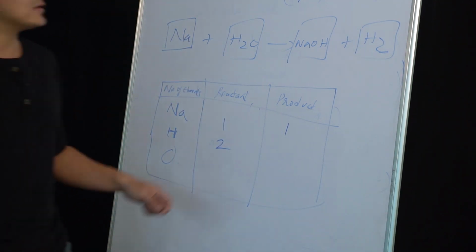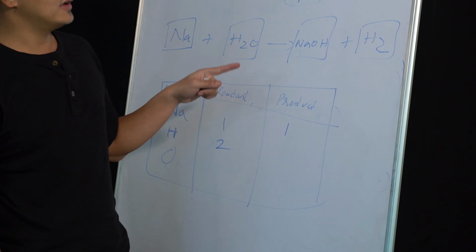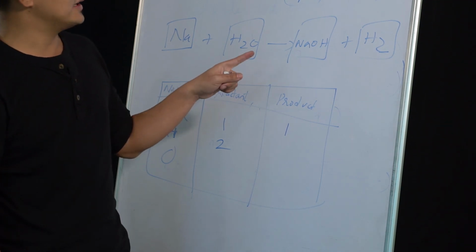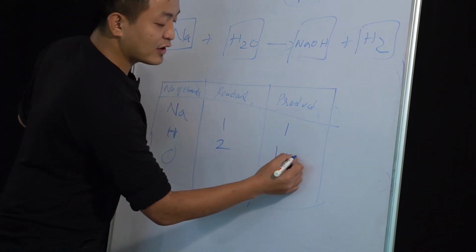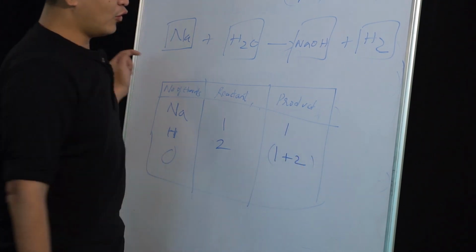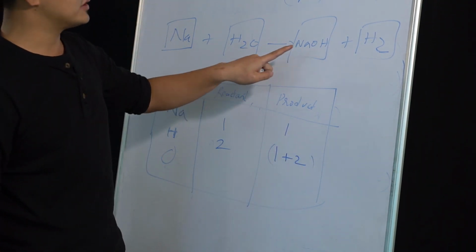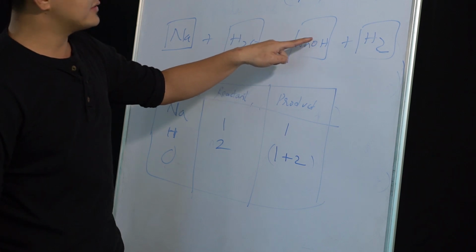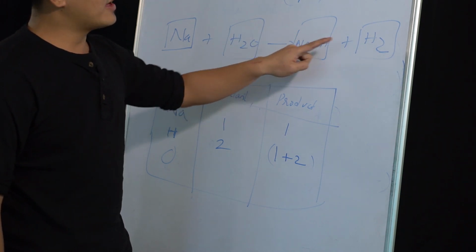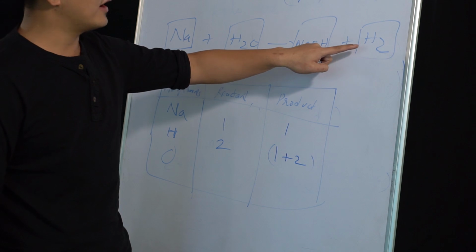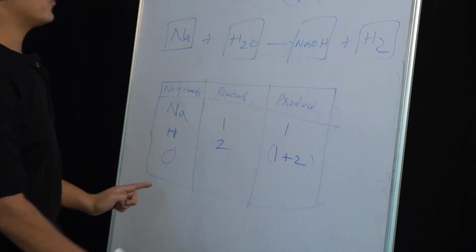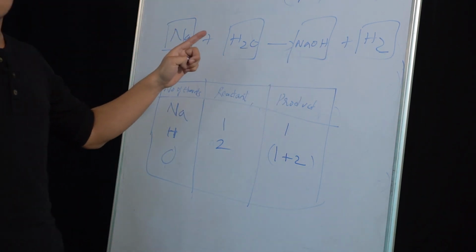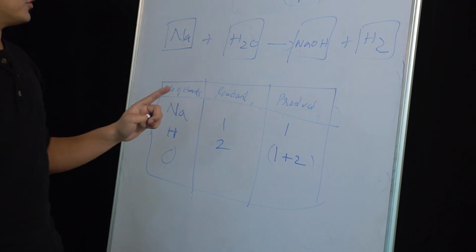Now you see here students, on the product side the hydrogen is 1 plus 2. In NaOH there is 1 hydrogen and in H2 we have 2 hydrogen. That means overall on the product side we have 3 hydrogen.